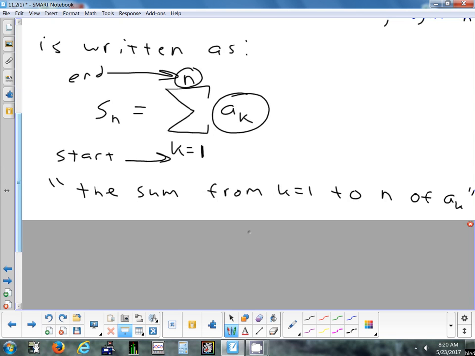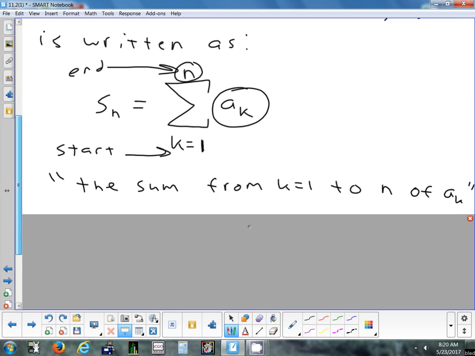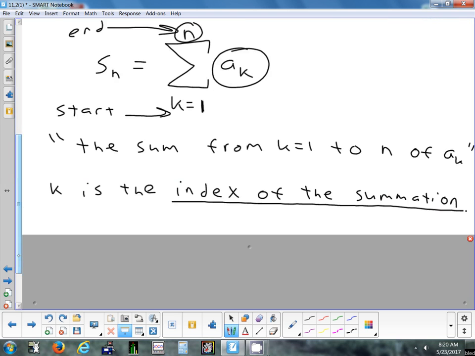Okay, so the way you pronounce that is it's the sum from k equals 1 to n, from the first term to the nth term, of my sequence, A sub k. Again, they have to give you an actual sequence to work with. And k is what we call the index of the summation.